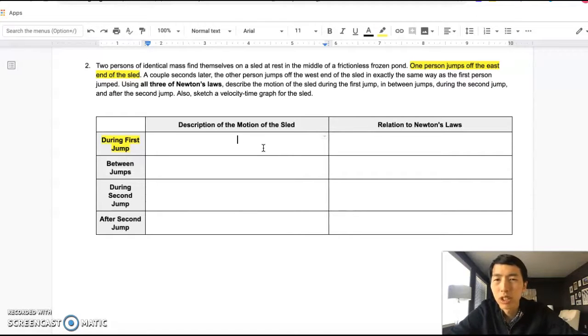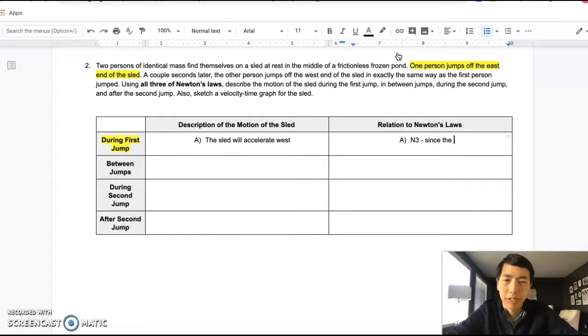Okay, so during the jump, the sled will accelerate west. And that's a combination of Newton's third law, N3, since the person moved east, the reaction force on the sled is west, as well as Newton's first law.